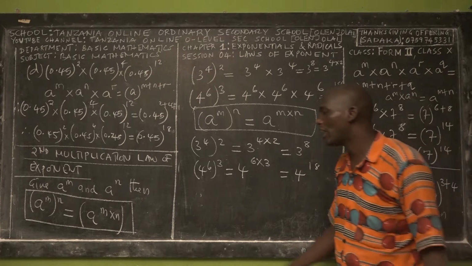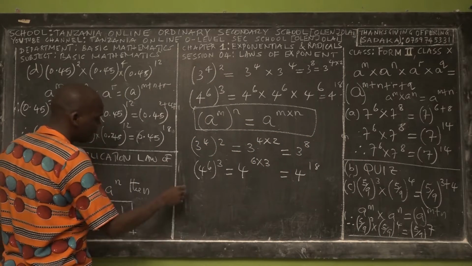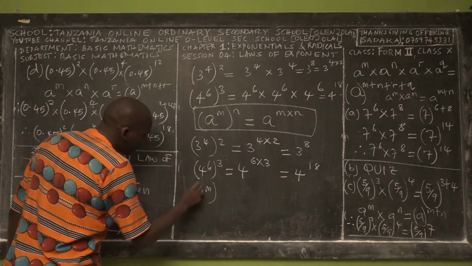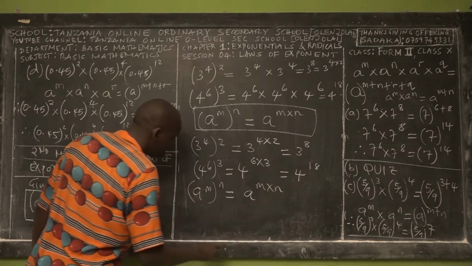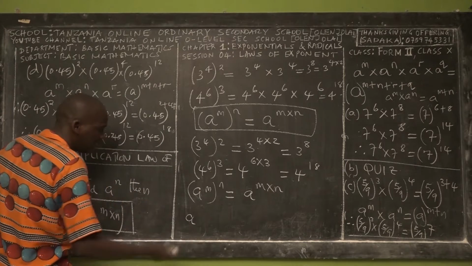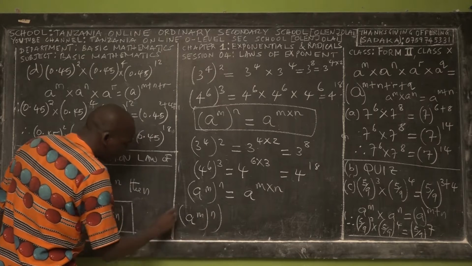So now you have to keep in your mind, there is another law: a power m power n is equal to a power m times n. But you can also have 3 exponents, maybe a power m, power n, power r.